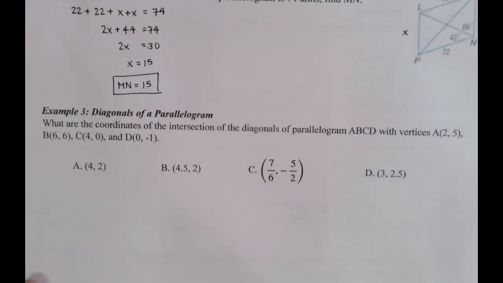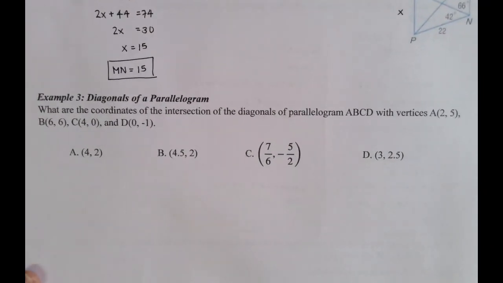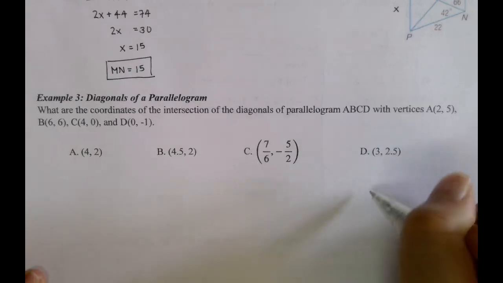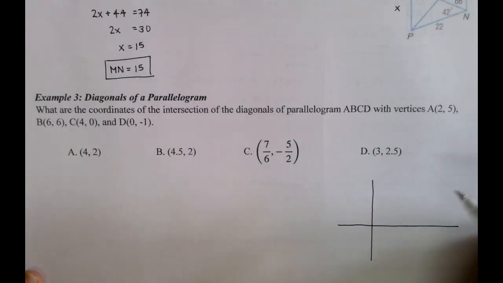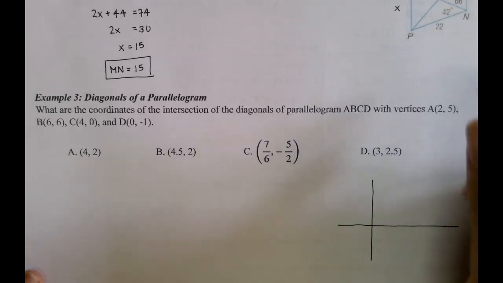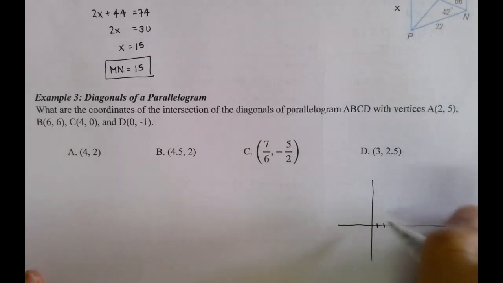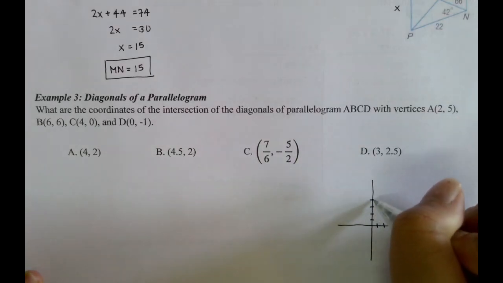Okay, now this is our last example. What are the coordinates of the intersection of the diagonals of parallelogram ABCD with vertices A(2, 5), B(6, 6), C(4, 0), and D(0, -1)? So I'm just going to do a brief sketch really quickly. A is at (2, 5), so 1, 2, and 1, 2, 3, 4, 5.